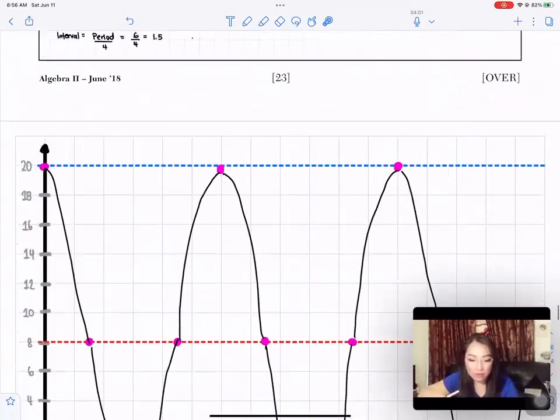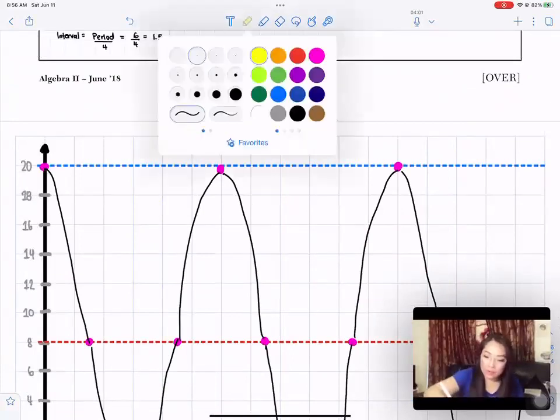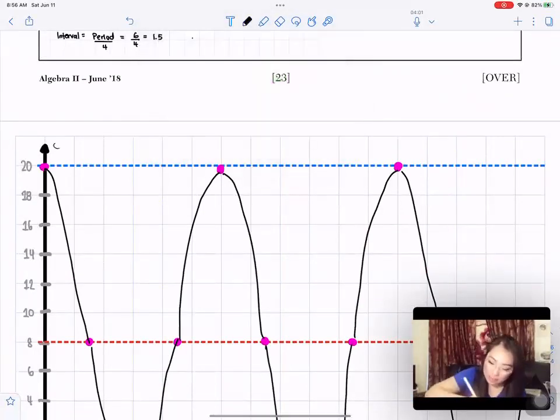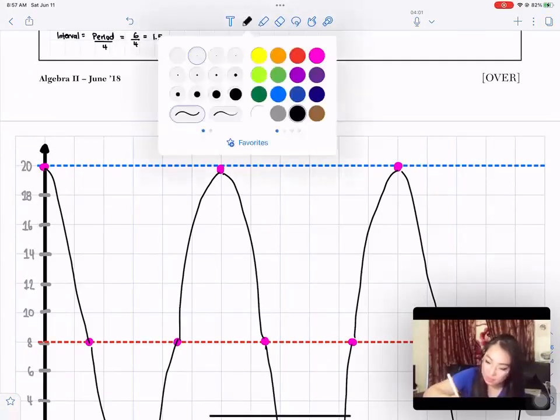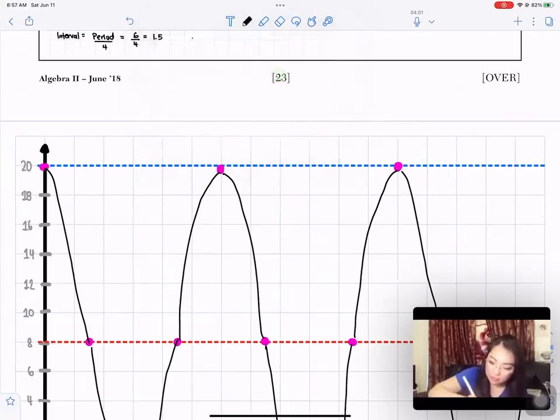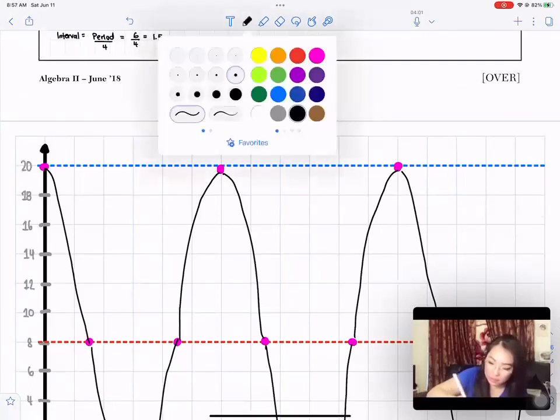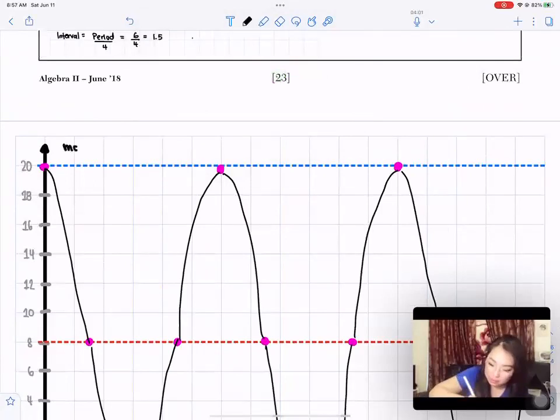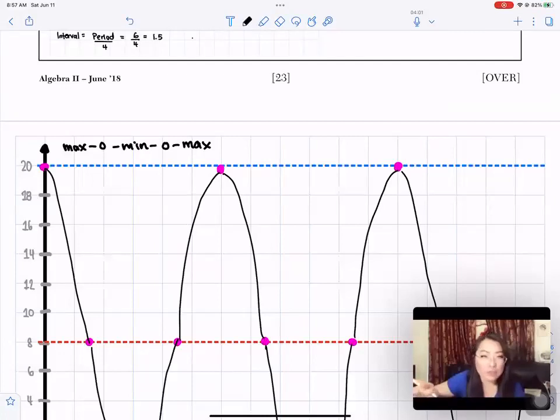Like if I drew the, let's write it over here. If I write like 0, oh no, this is cosine, right? I'll make it thicker. Okay, if I write like max, 0, min, 0, max, like you only used 1, 2, 3, 4 dashes, right?